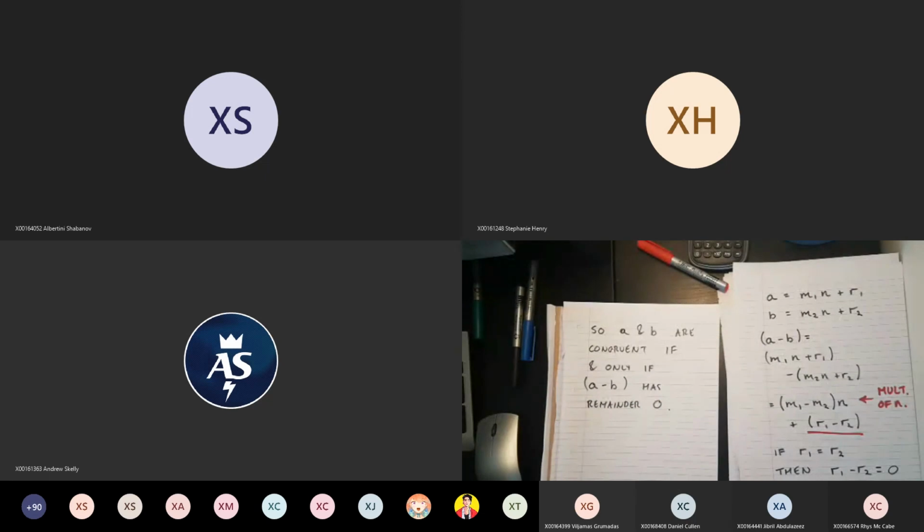But what does it mean to have remainder 0? Well, that means that when I divide, I have no remainder, which means A minus B is a multiple of n.